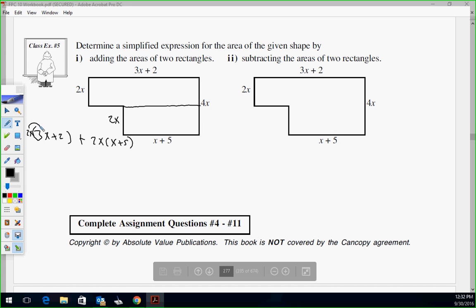So we distribute: 6x squared plus 4x, 2x squared plus 10x. Now I combine like terms. 6x squared plus 2x squared is 8x squared. 4x plus 10x is 14x.